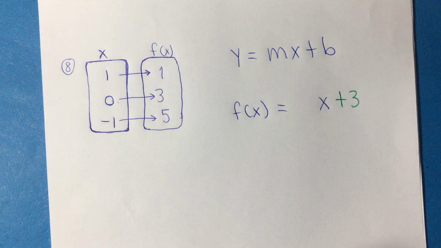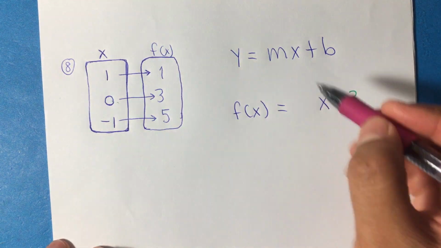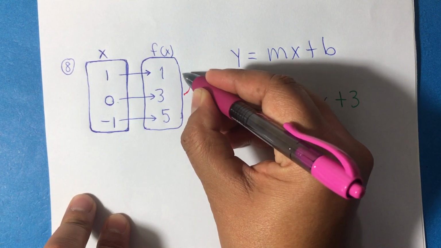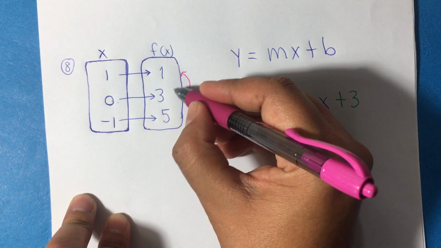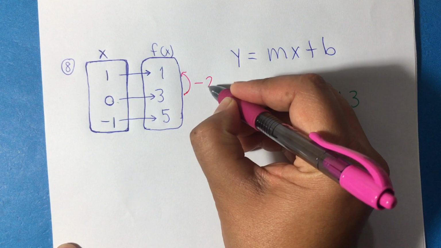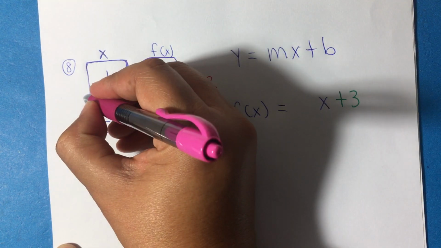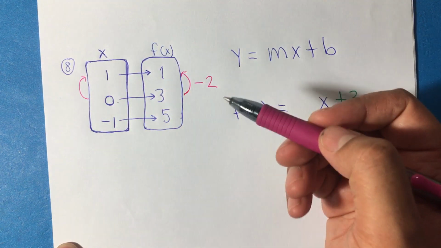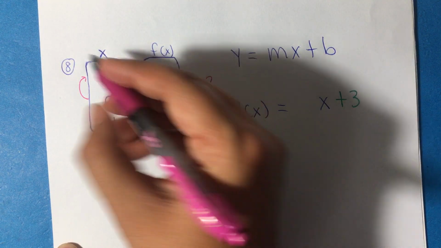How do we find the value of the slope? How many spaces from here to here? Oh, from 3 going to 1, that means that I subtracted 2. And from here to here, remember, if I go up, I have to go up in here. How many spaces from 0 to 1?